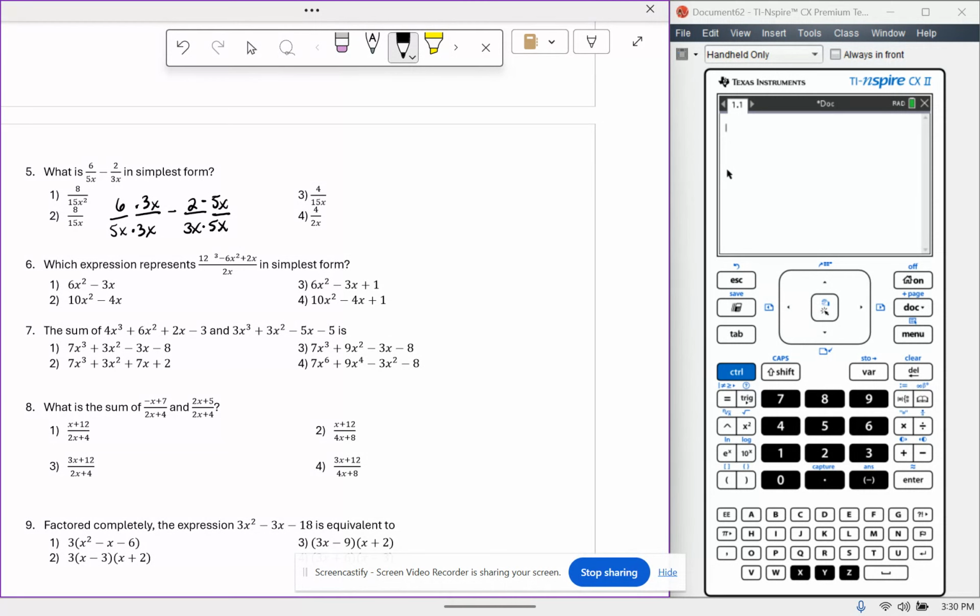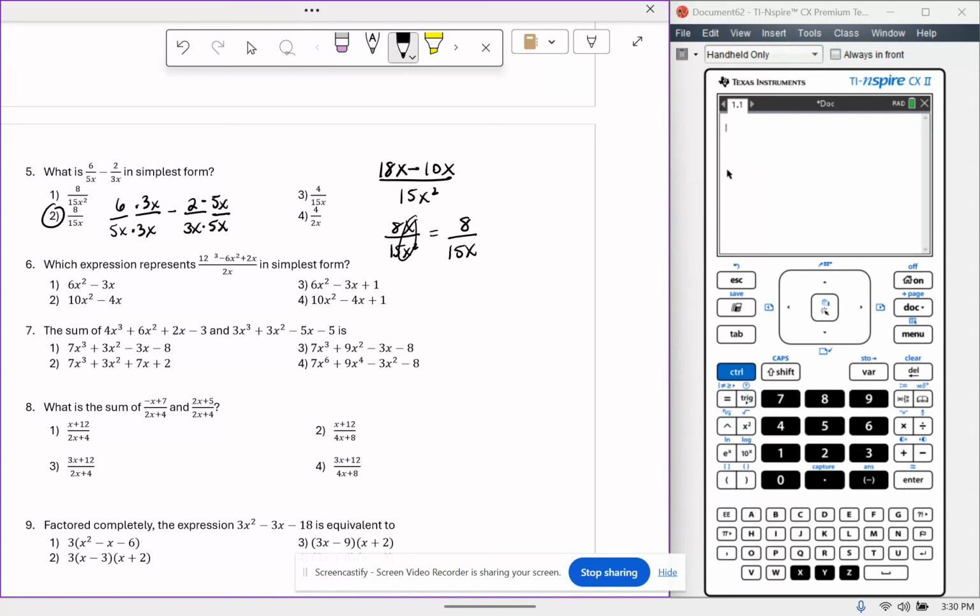So now we would have 6 times 3 is 18x minus 2 times 5 is 10x, all over 5x times 3x, which gives me 15x squared. 18x minus 10x gives me 8x over 15x squared. These will reduce, and we will be left with 8 over 15x. And that's going to be answer choice 2.